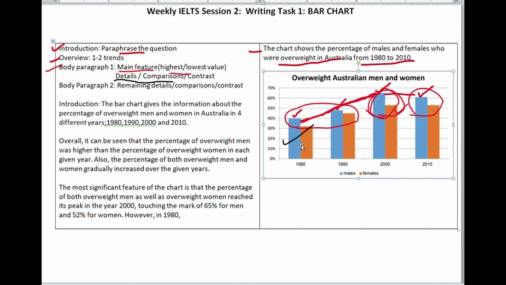Now as we can see here, in 1980 there are 40% males and nearly 31-32% females. So 40% can be written as 4 out of 10 and 31 can be written as roughly 3 out of 10. Instead of writing the percentages again and again, we'll use other methods of writing percentages.